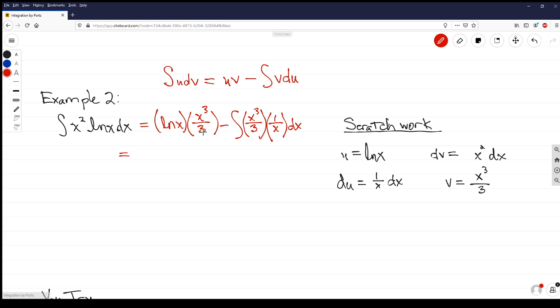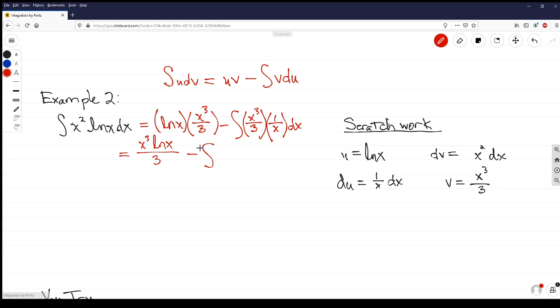This first product here, I can make that look a little bit nicer. X cubed times the natural log of x all over 3. Subtract the integral. Now, looking here, it looks to me like I can cancel an x.